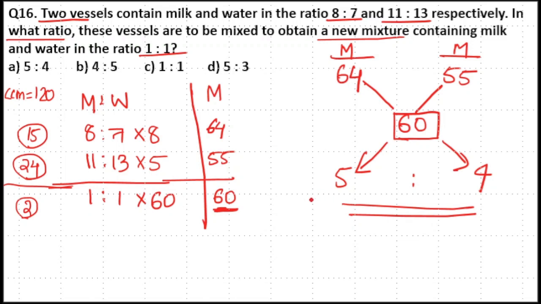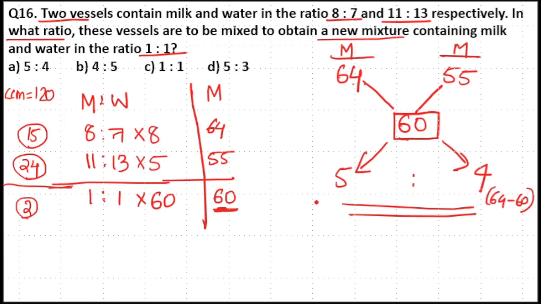That is, when you use alligation method, use milk quantity. This is milk quantity. All three are mixed quantity. This is initial quantity in the first vessel and second vessel respectively. In the middle, you have resultant quantity of milk, that is 60. Then subtract 60 from 64, that is 4.